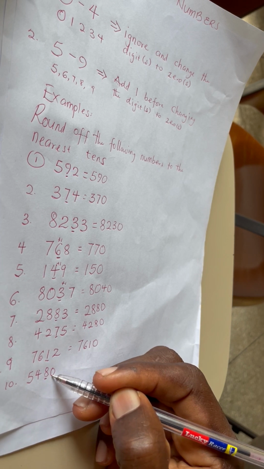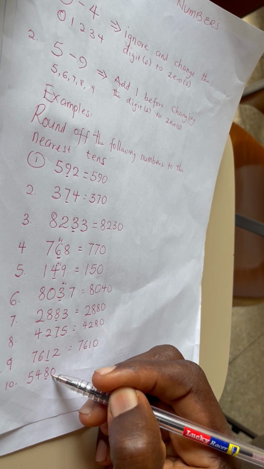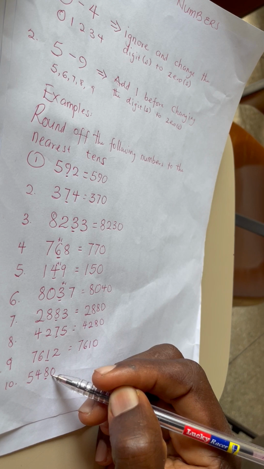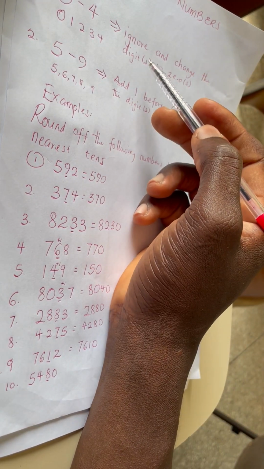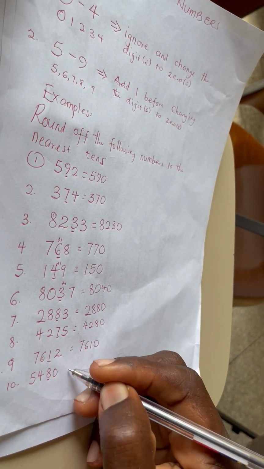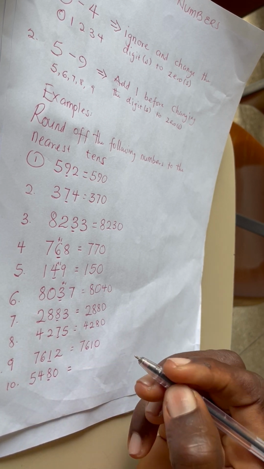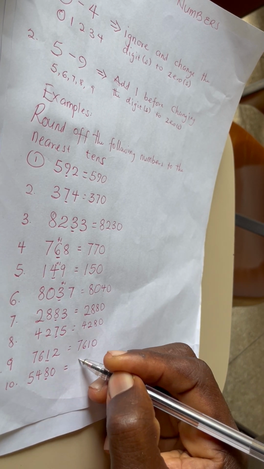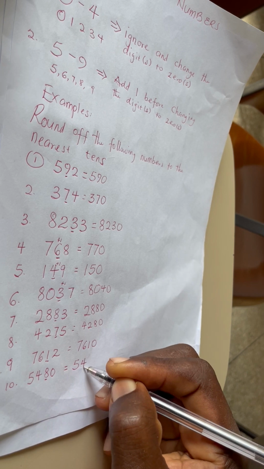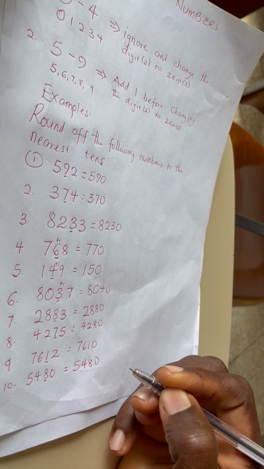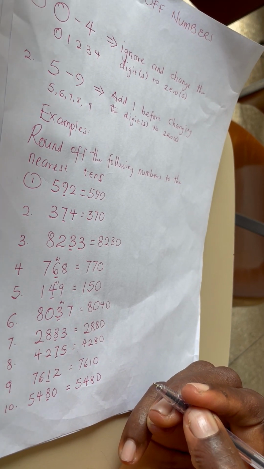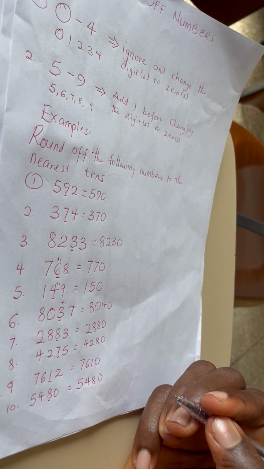And to the right side of 8 we have 0. And 0, from the rule, tells us to ignore and change it to 0. So for this one, the question becomes the answer. So you get 5,480 as the answer.